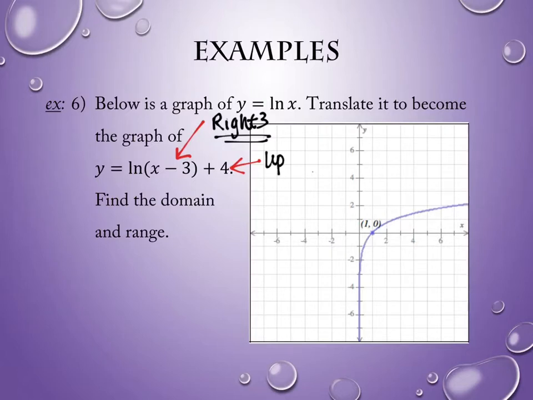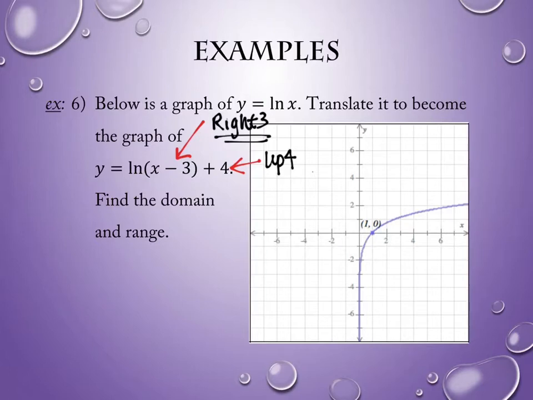Up 4. Okay, so on this one, moving things up and down would not change my asymptote, right? Because the asymptote's already vertical. So shifting a vertical line up and down doesn't make it look any different. But shifting it left and right would. So if I'm going to shift the whole graph to the right 3, I'm also going to shift the asymptote to the right 3.